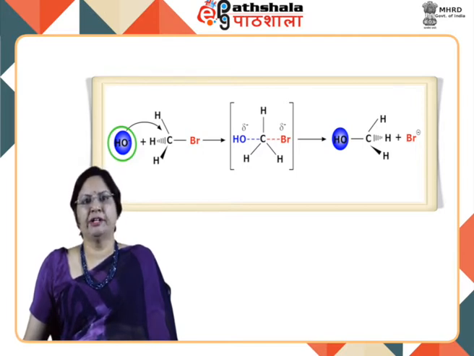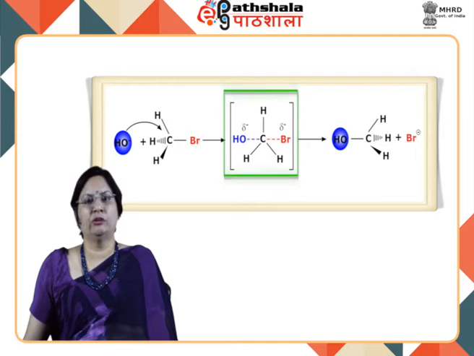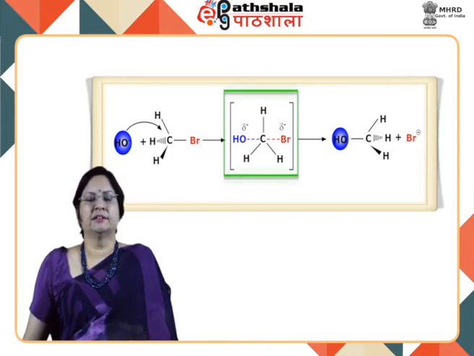In the reaction medium, the OH minus ion approaches the electron deficient carbon atom, following which the C-Br bond starts stretching, and at one stage both the Br and OH are partially bonded to the central carbon atom, which is represented by OH dash bond C, then again dash bond and Br. And this is known as the transition state.